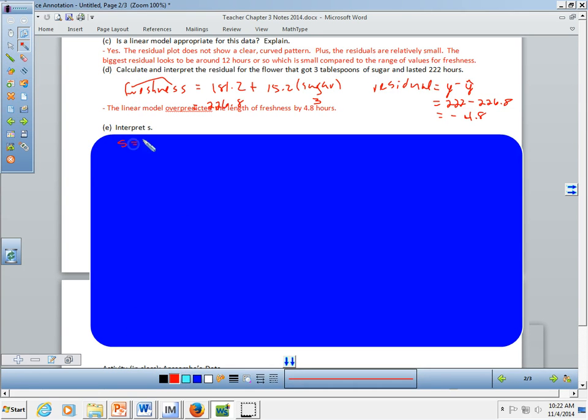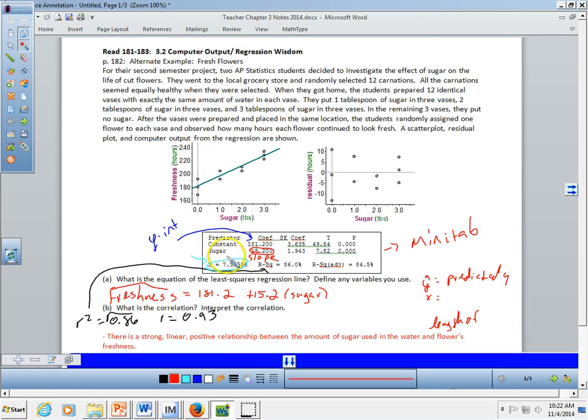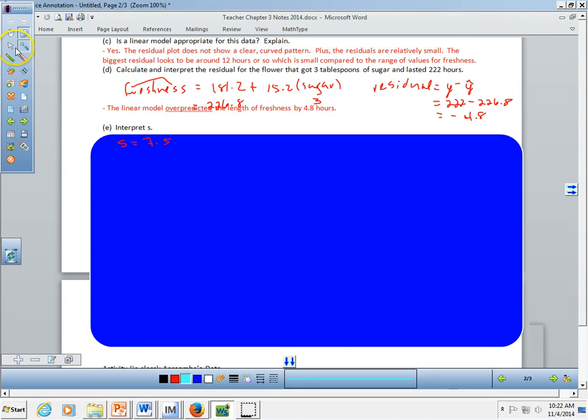So S here is 7.5. That's where you get it from. Okay, again, it's just sitting right down here. Okay, standard deviation of the residuals.